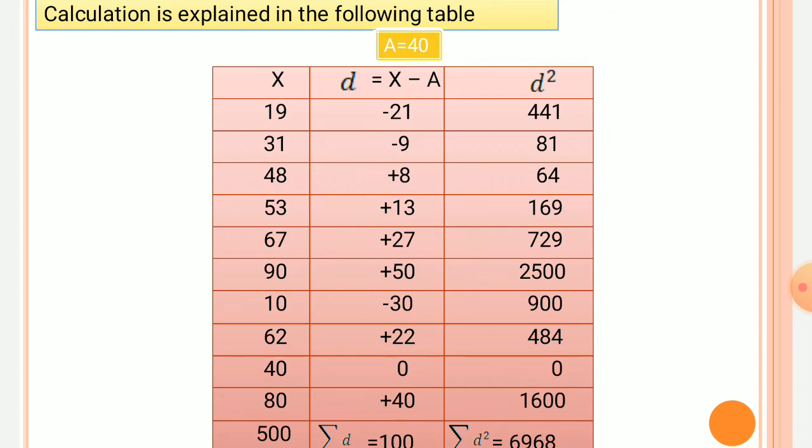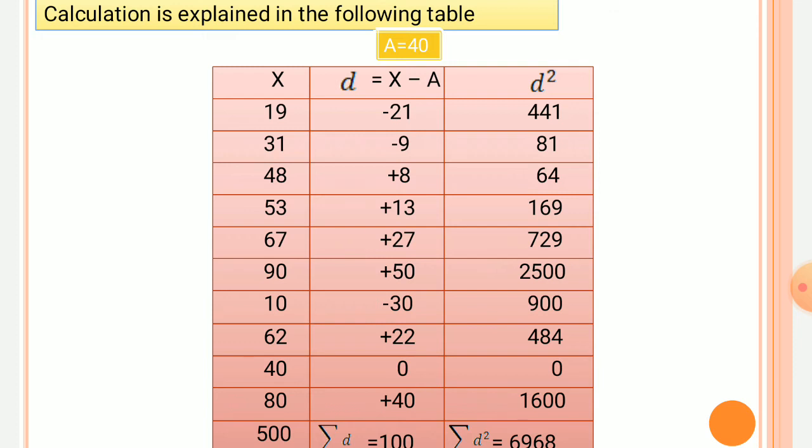Now find the difference of all the given values. 19 minus 40 is equal to minus 21. 31 minus 40, minus 9. 48 minus 40, 8. 53 minus 40, 13. 67 minus 40, 27. 90 minus 40, 50. 10 minus 40, minus 30. 62 minus 40, 22. 40 minus 40, 0. 80 minus 40, 40.